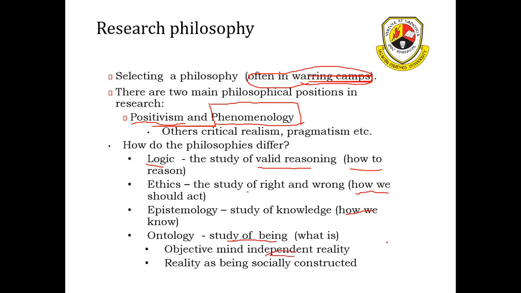So take an example. When we're looking at positivism, it's an independent variable that can be clearly determined. Take an example. If we were trying to find out the performance of girls versus the performance of boys in secondary school in mathematics, a simple study of aggregated data could give us that answer objectively.